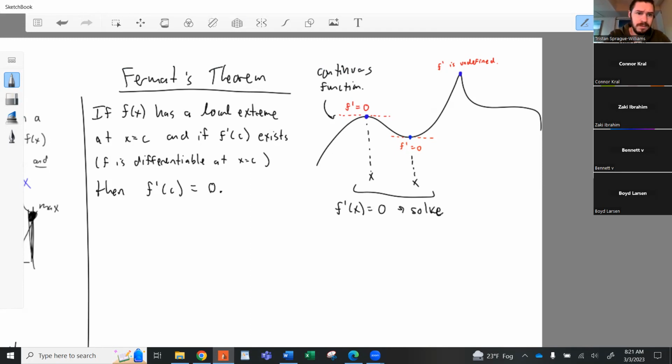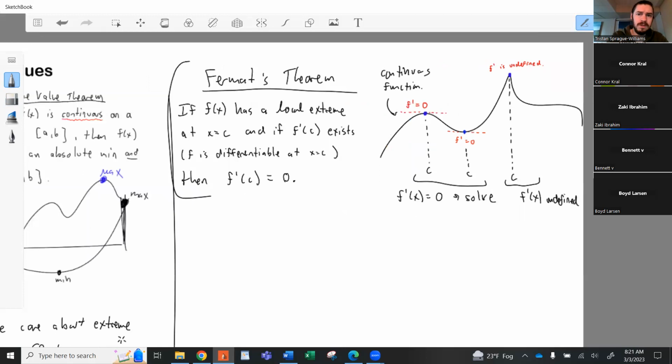And actually, let's call them c. Okay. So that will find you some important points. Okay. And then you also want to figure out when f prime of x is undefined. That will find you perhaps some other points. But all of those points together are candidates for local extremes.